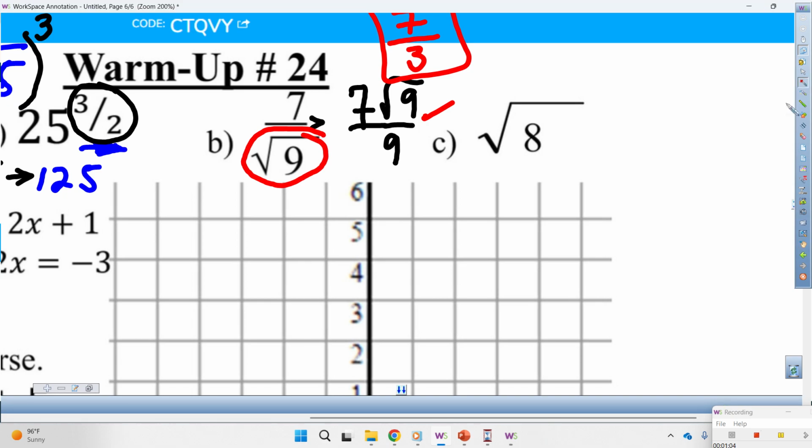Pass on one, Allison. Before she passes it to someone, tell your neighbor what you got for 1C. What'd you get for 1C? Carlos, what'd you get?